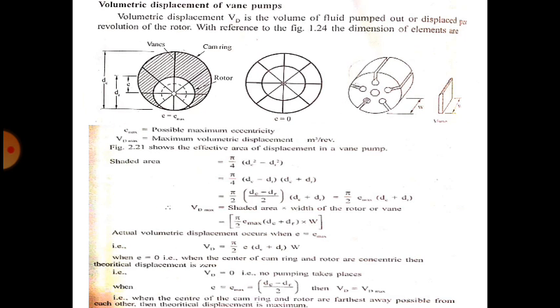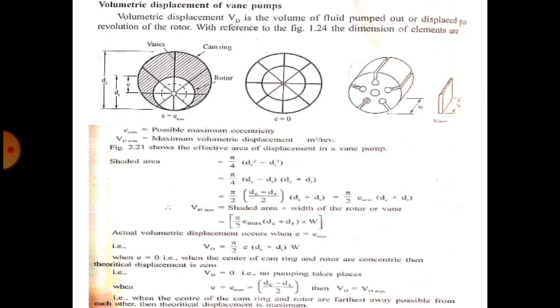So Vd is pi by 4 (Dc squared minus Dr squared) into W. Dc squared minus Dr squared can be written as (Dc minus Dr) times (Dc plus Dr).